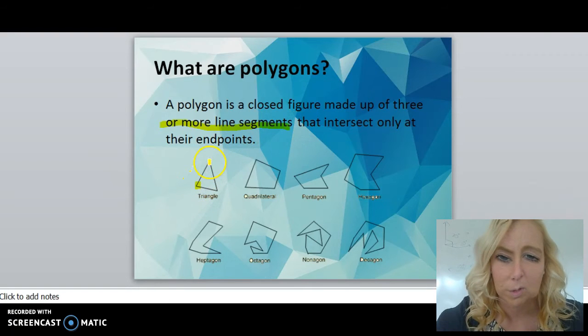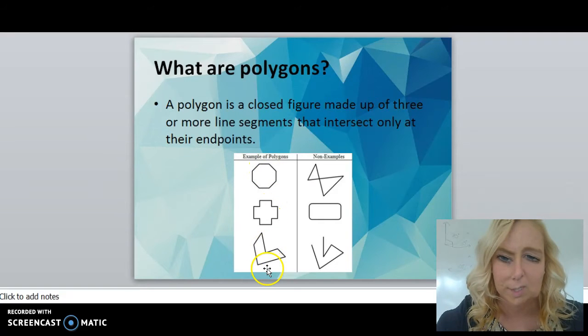So a triangle has three or more line segments, and they all intersect at each endpoint. Quadrilateral, pentagon, hexagon, heptagon, octagon, nonagon, decagon, and I didn't put on here the misfosticagon. But all of those are examples of polygons.